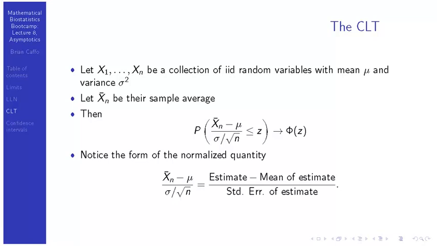And this is something you can practically bank on: if you take any statistical estimate based on IID data and subtract off its population mean and divide by its standard error, that quantity is most likely going to wind up limiting to having a standard normal distribution.